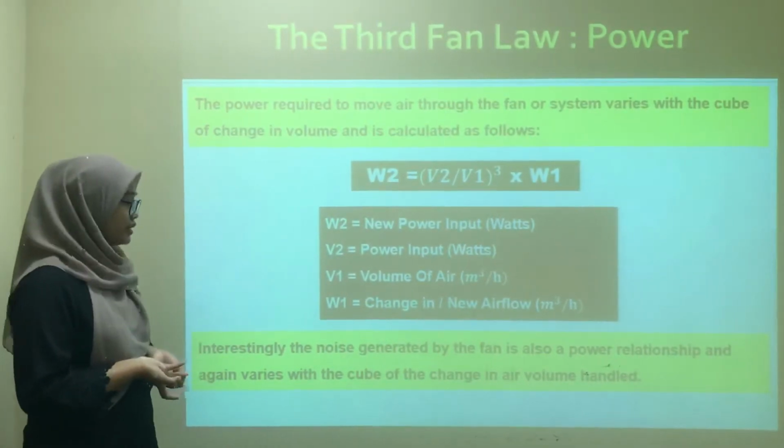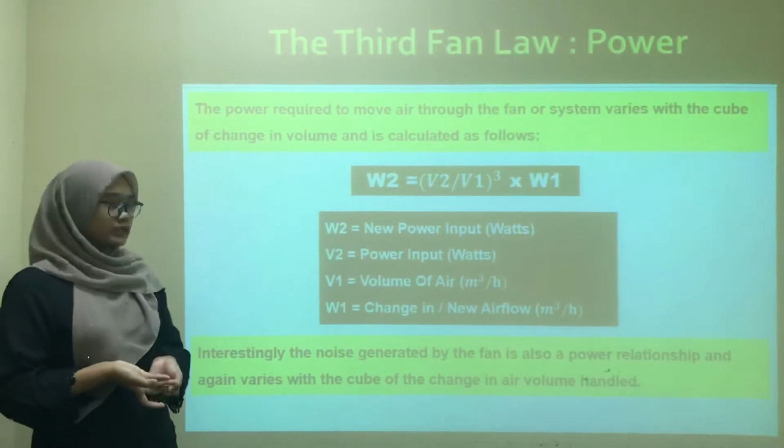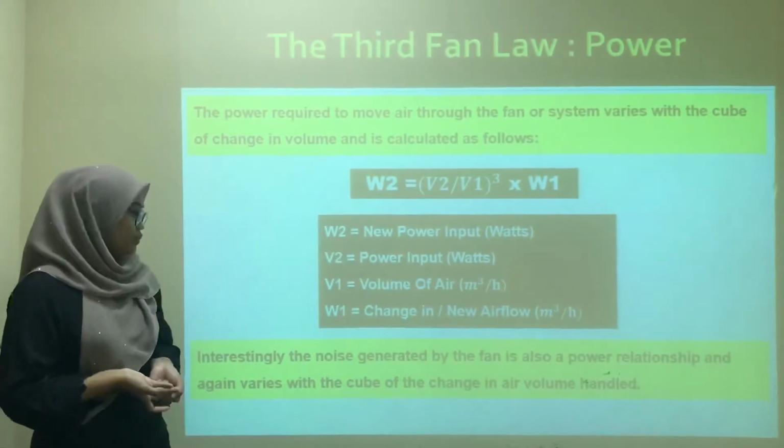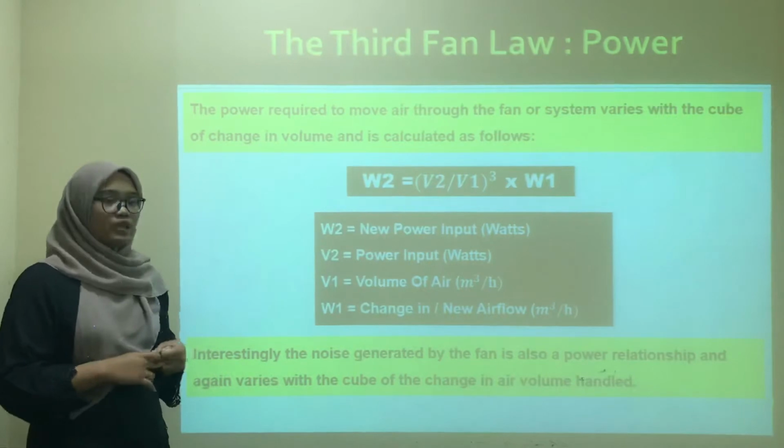Interestingly, noise generated by the fan is also a power relationship and again varies with the cube of the change in air volume handled.